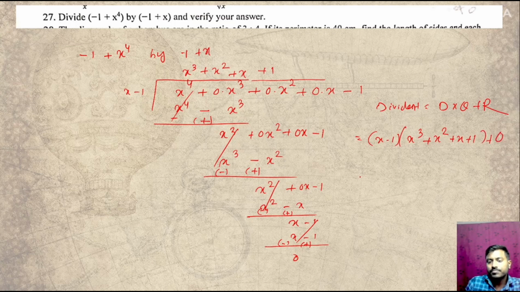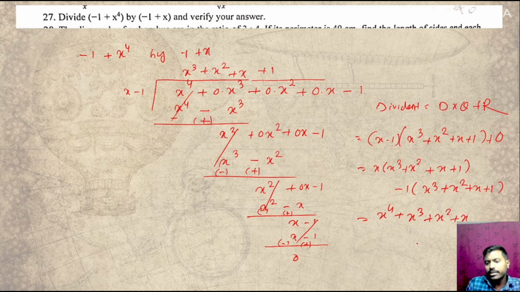Now multiply x into x cube plus x square plus x plus 1, whole, into minus 1 into x cube plus x square plus x plus 1. Now multiply: x to the power 4, x cube plus x square plus x minus x cube minus x square minus x minus 1, then cancel, equals x to the power 4 minus 1, verified. Okay.